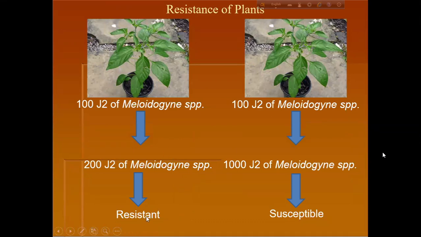On the other hand, the resistant plant can be tolerant and intolerant, and a susceptible plant can also be tolerant and intolerant. So there are 4 combinations. You can see here: resistant tolerant, resistant intolerant, susceptible tolerant, and susceptible intolerant.